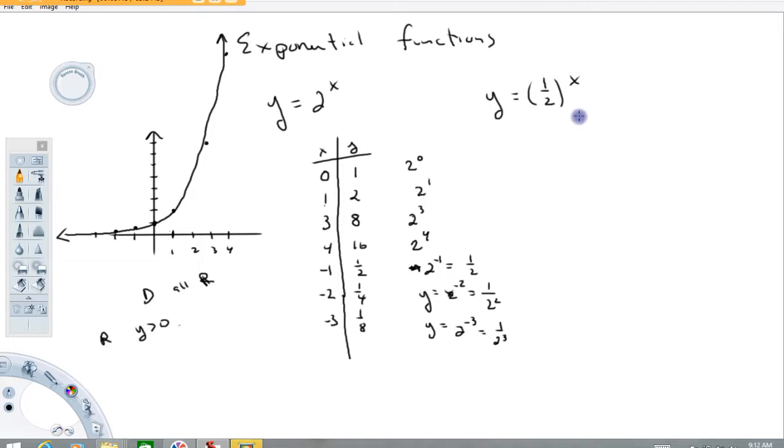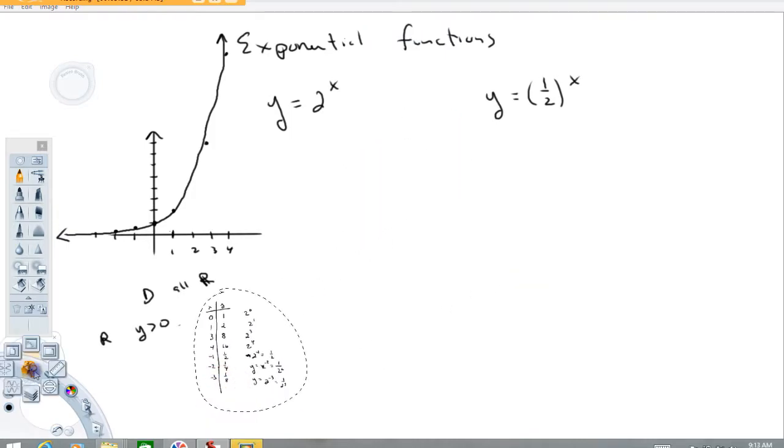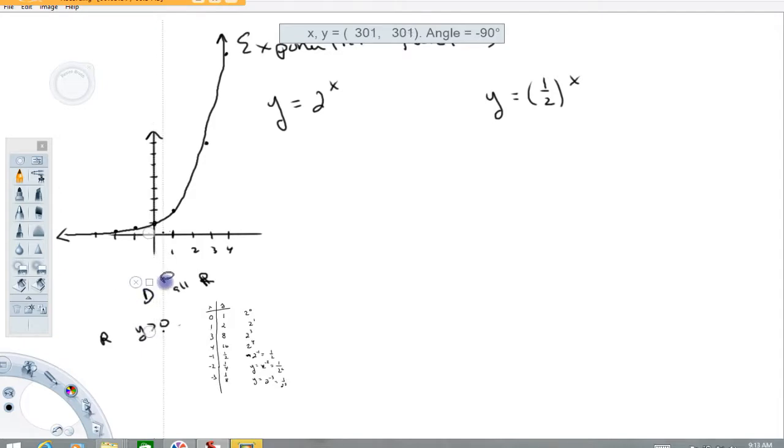All right, let's talk about this y equals 1/2 to the x. Put that over there. Graph this guy. This drawing tool I have is really cool for this type of stuff.